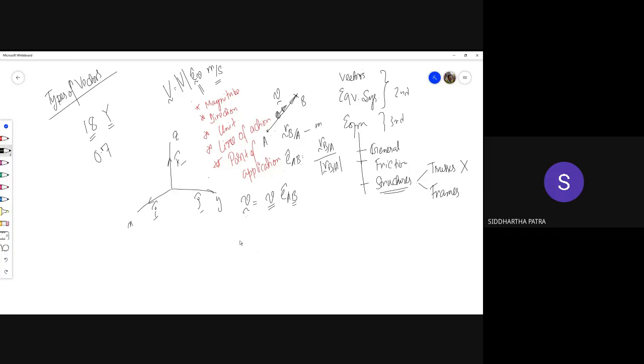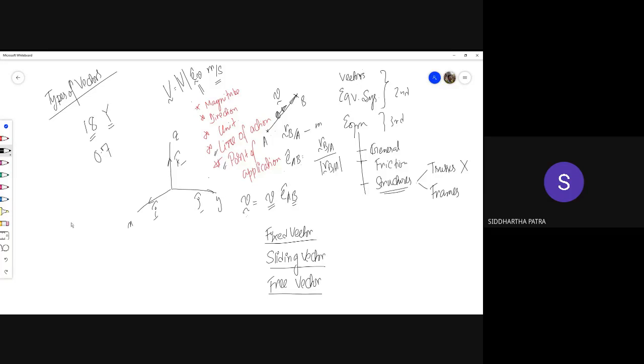So there are three types of vectors. One is called a fixed vector. The second is called a sliding vector. The third one is called a free vector. Okay. Now, what is a fixed vector? A fixed vector has a fixed line of action and a fixed point of application.